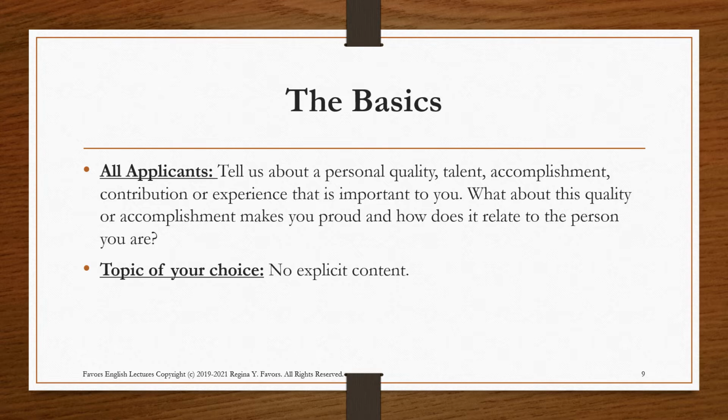So you may get a writing prompt that doesn't necessarily give you definable characteristics of the prompt. But even with no explicit content, the admissions committee is still looking for structure.